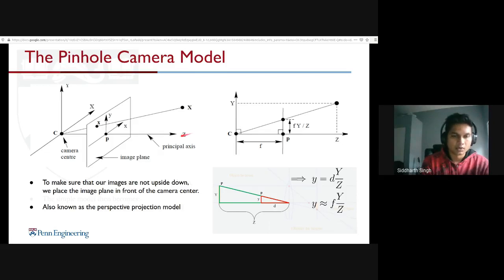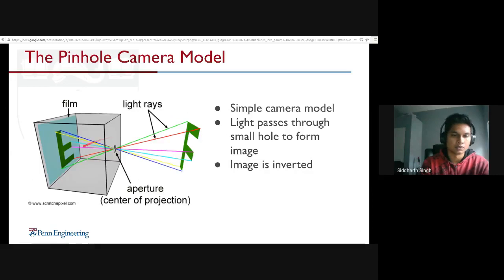So essentially, we'll have a camera center, we will have the image plane where we will see the object, and we will have the object itself. In the previous slide, we mentioned that the image is inverted. We don't want the image to be inverted.